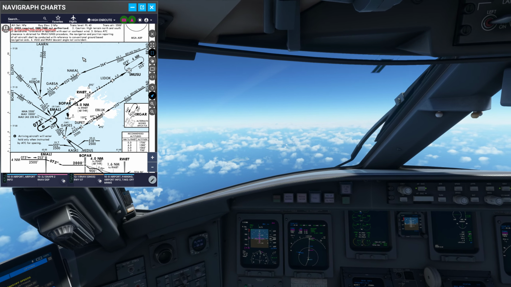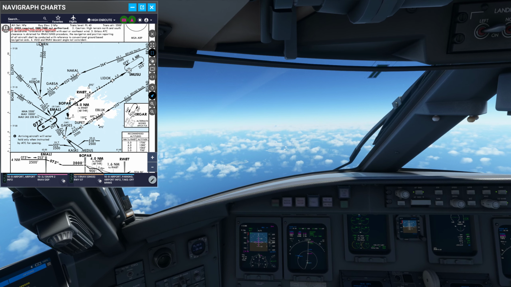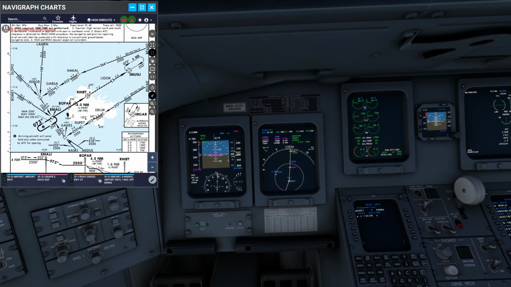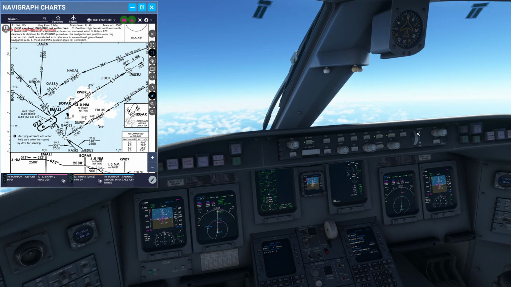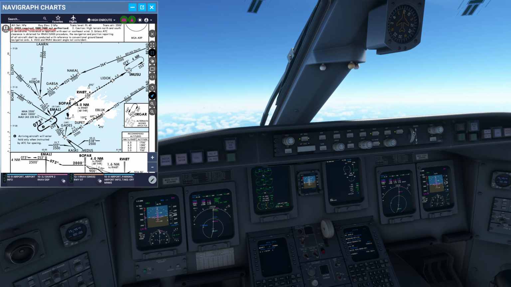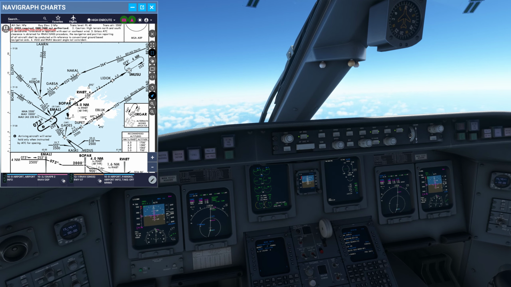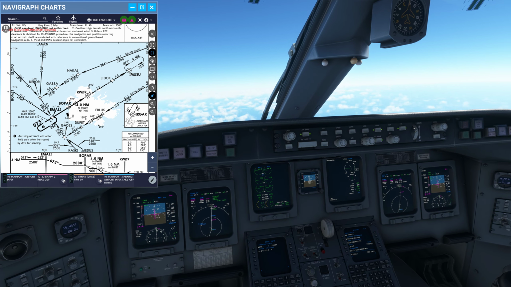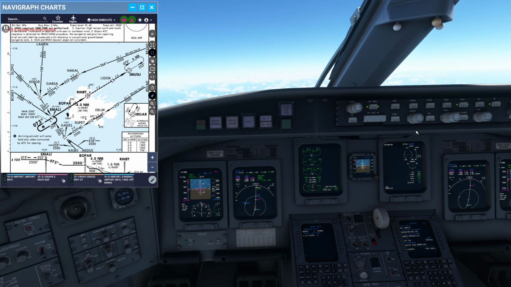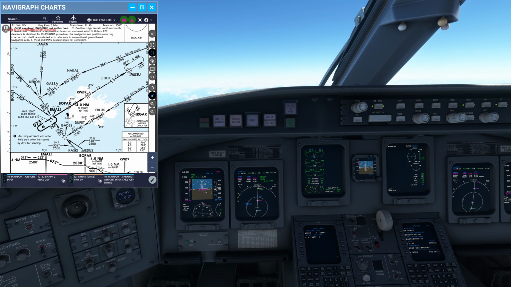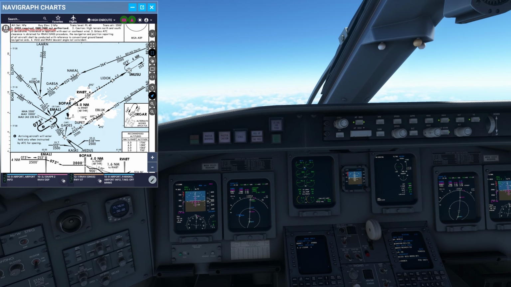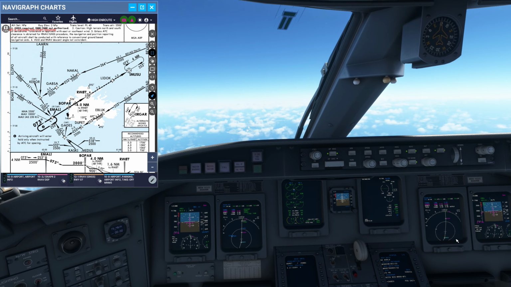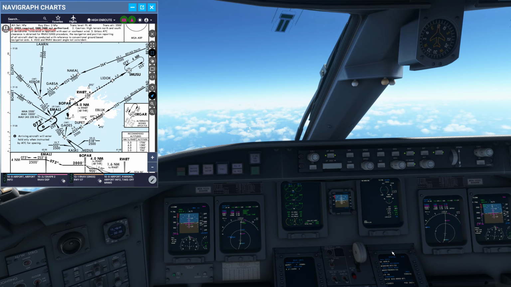The problem is, if you do transition to visual and start using that PAPI glide slope, and you somehow lose sight of it, go back into some clouds, fog or mist or whatever, you then have to go missed because you are visual.